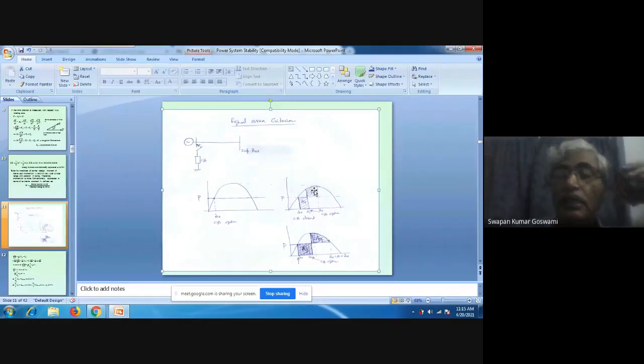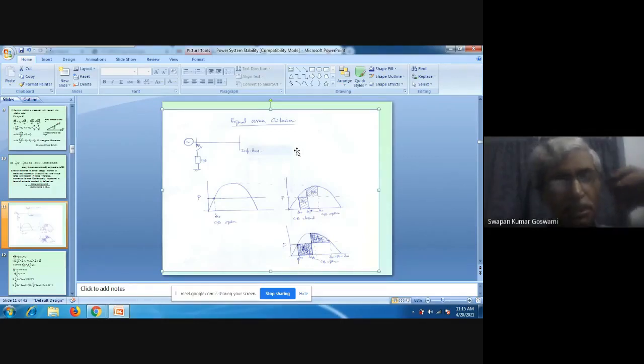That means you see that here, what is the condition for the restoration of synchronous speed? Here it is needed that area A1 has to be equal to area A2, because area A1 represents the energy inserted into the machine, area A2 represents the energy extracted out of the machine.